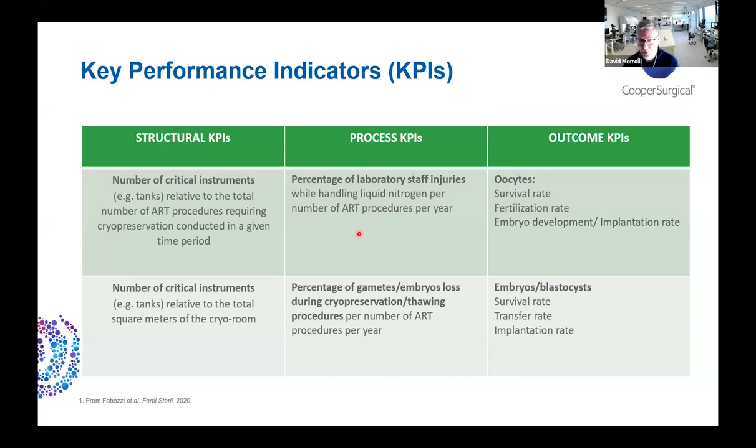So worth reminding ourselves that whilst we're going to focus on outcome KPIs, these other structural and process KPIs are potentially equally important, and particularly as a lab director seeing the overall workings of the laboratory system.